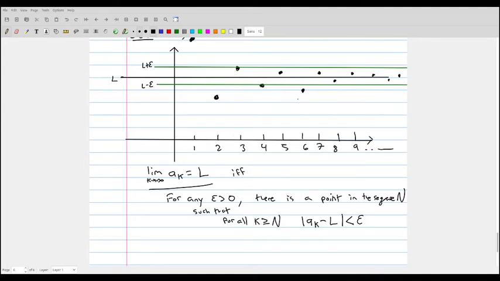You see that for this example, that n value is 7. At the point n equals 7, all values of the sequence stay within that epsilon tube. The distance between the limit and the kth term in the sequence, for all k greater than or equal to that n value, is less than epsilon.